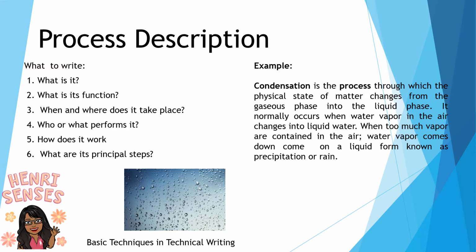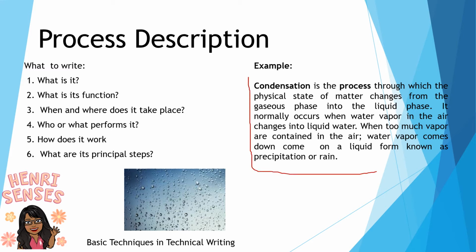It normally occurs when water vapor in the air changes into liquid or water. When too much vapor is contained in the air, water vapor comes down in a liquid form known as precipitation or rain.